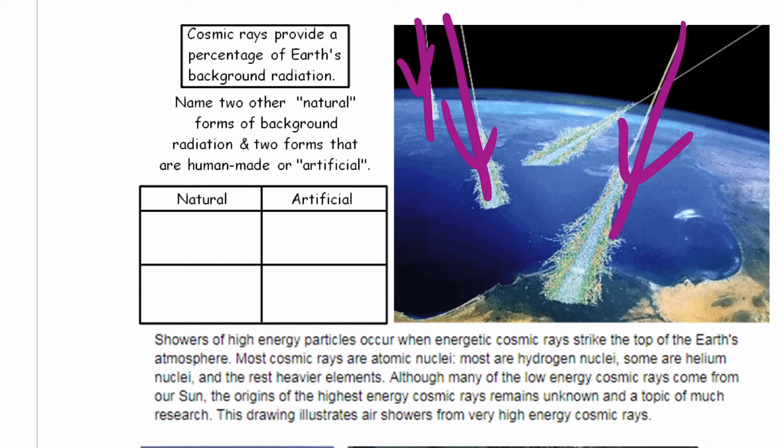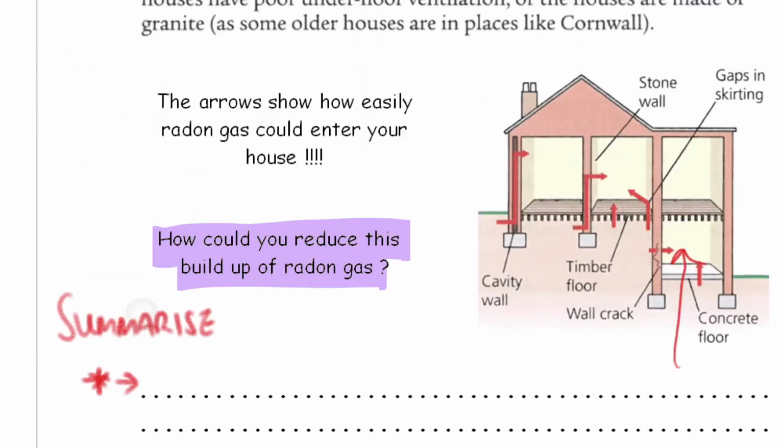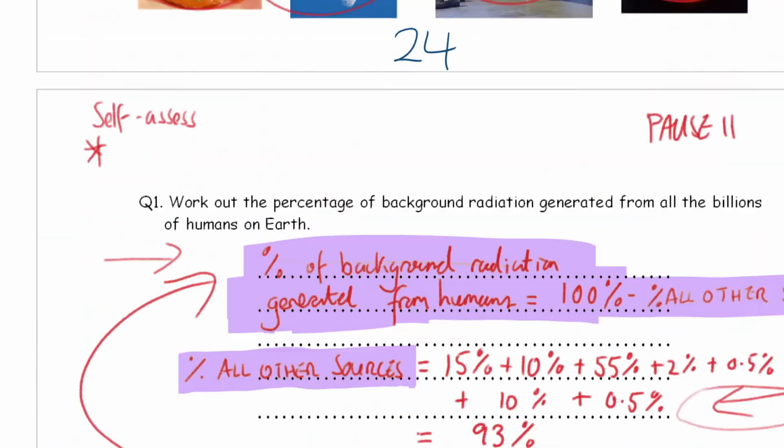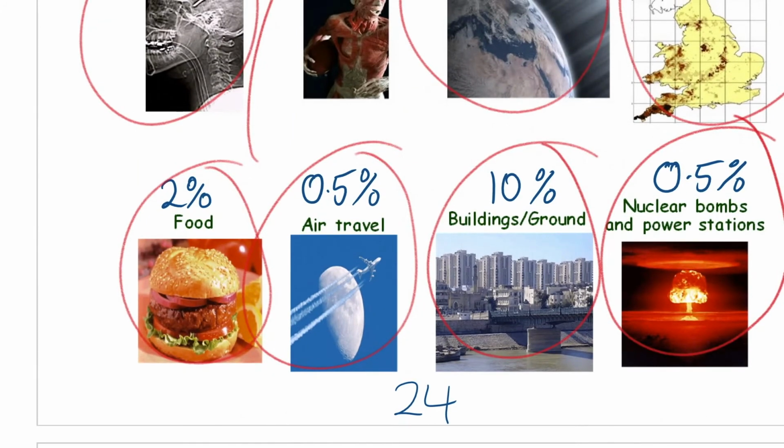It's a natural form of radiation, so what I'd like you to do now is write down another natural radiation here and two artificial ones here. Artificial meaning human-made. If we go back to just above the pie chart, you can pick out a couple of human-made examples of radiation.